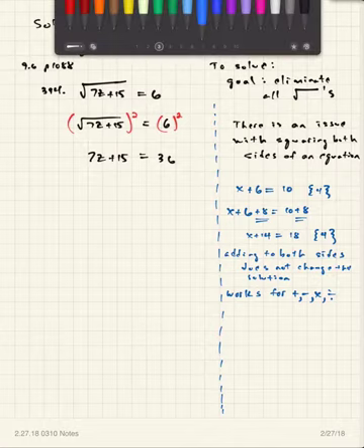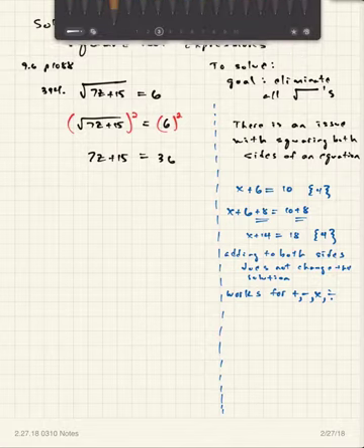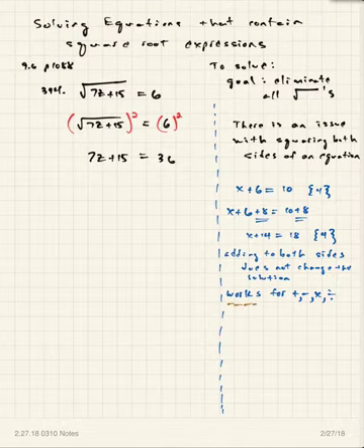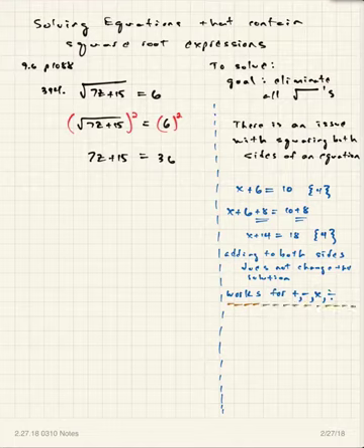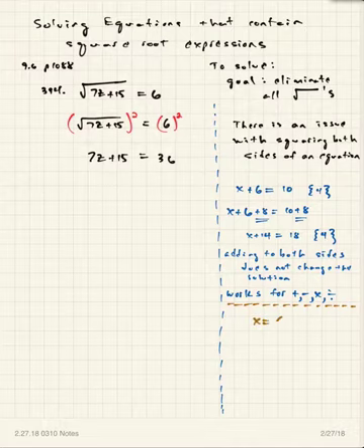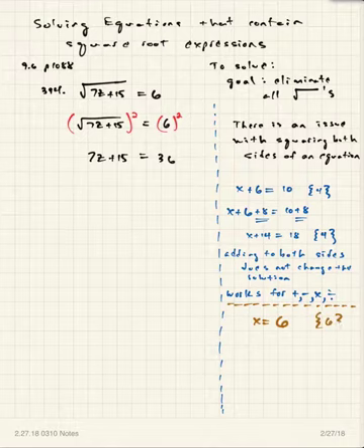But now look what happens here. If I square both sides of an equation, and so let's just take a really simple equation here. Let's take x equals 6. Now the solution to x equals 6 is 6. Pretty tough, right? That's a tough one to solve. So the solution to the equation x equals 6 is 6.